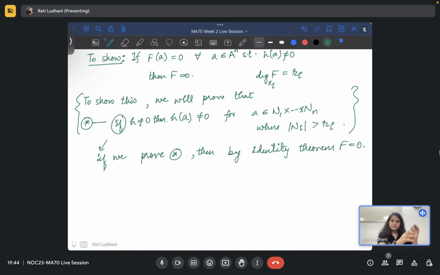If we combine this star with the identity theorem, we can prove that f is equal to 0, because this set itself is the zero set of f. That's the whole point.